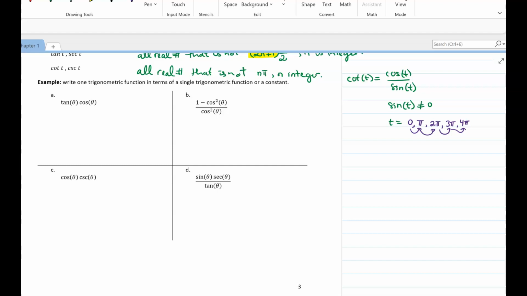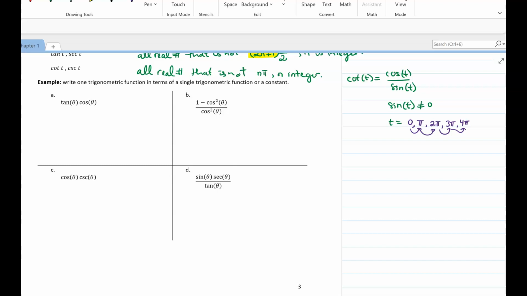First, we're given tangent of theta times cosine of theta. Here's a little tip for you. If you are given tangent of theta and you don't know what to do with it, or no identity immediately jumps out at you, the first thing I would do is rewrite it in terms of sine and cosine, and maybe some Pythagorean identity will jump out, or maybe we can just simplify it as it is.